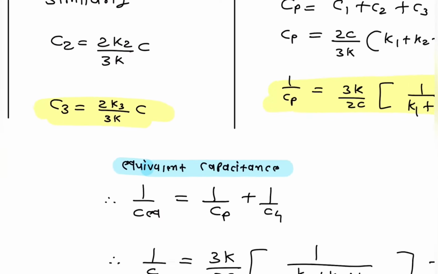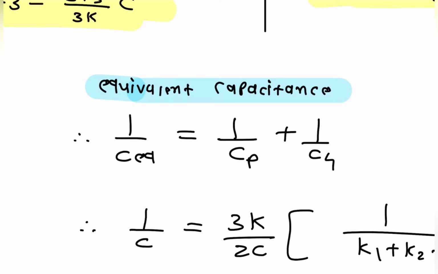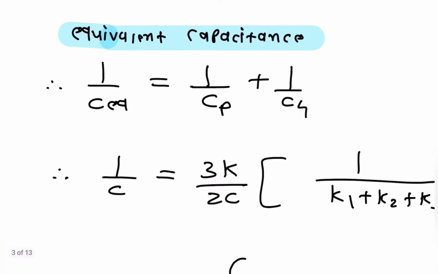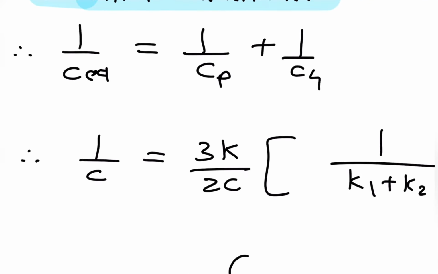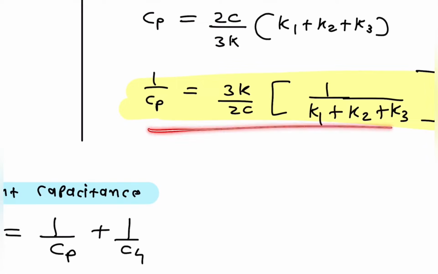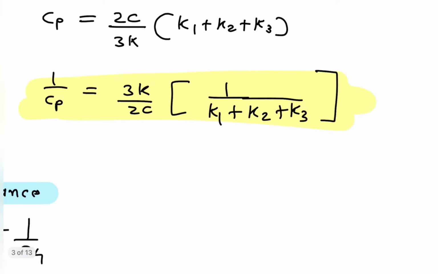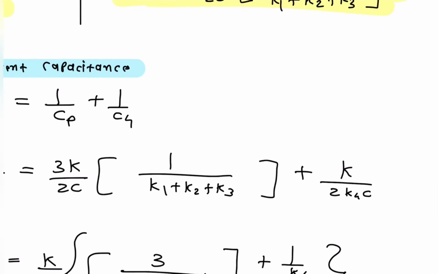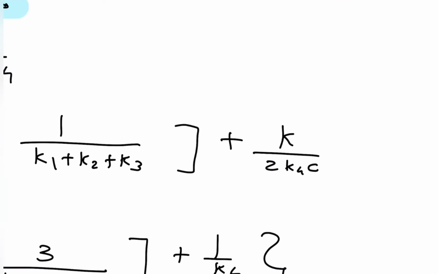For series combination, 1 upon C equivalent is equal to 1 upon Cp plus 1 upon C4. Taking 1 upon C equivalent as 1 upon C, in place of 1 upon Cp we can write 3K by 2C in bracket 1 upon K1 plus K2 plus K3, and in place of 1 upon C4 we can write K upon 2K4 into C.